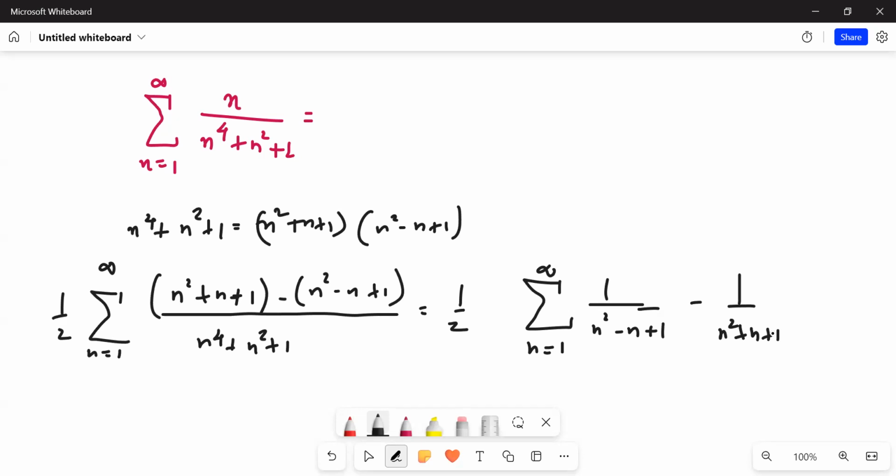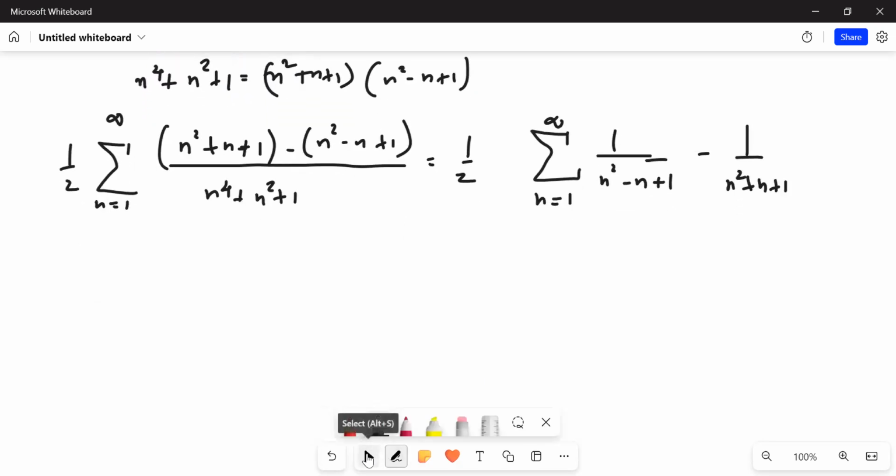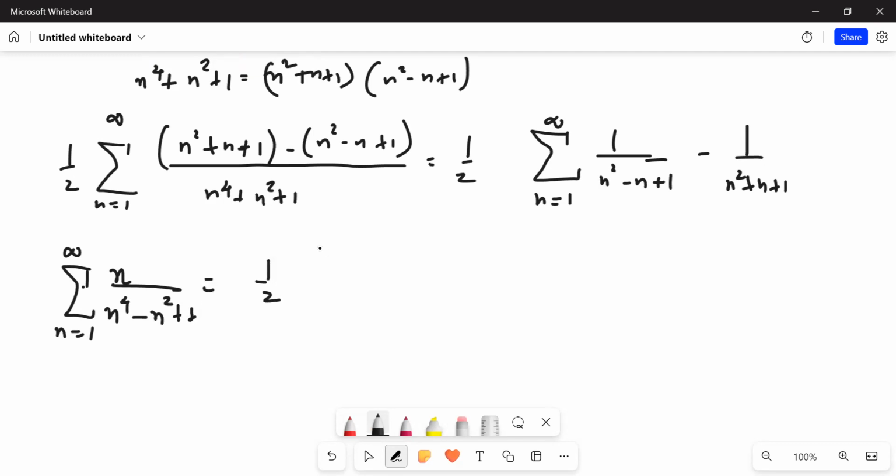Now, if I solve this up, what will I get? The sum n equals 1 to infinity of n upon n raised to power 4 plus n square plus 1 will be 1 upon 2 times: let me place n equal to 1, so it would be simply 1 here, minus 1 by 3.